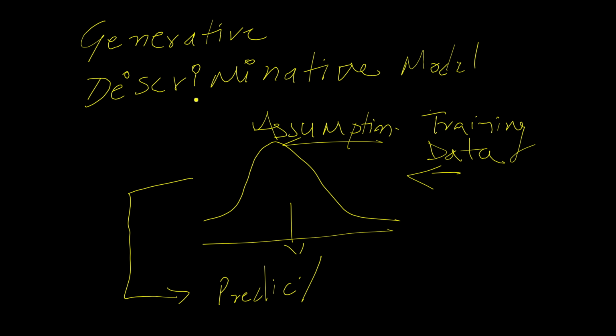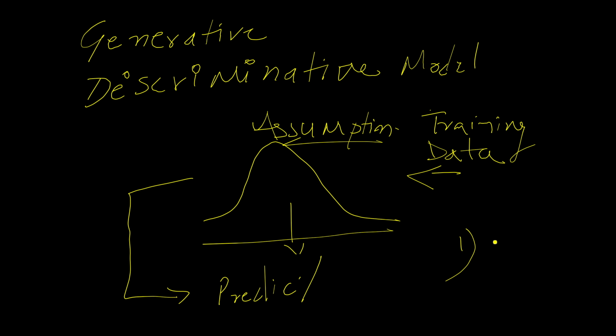Whereas in discriminative models, as we did in our session on linear models, and I'll put a link in the description, we had done linear basis functions also, which are a more advanced form of linear models, or if you know logistic regression, they directly use the data to do two things.